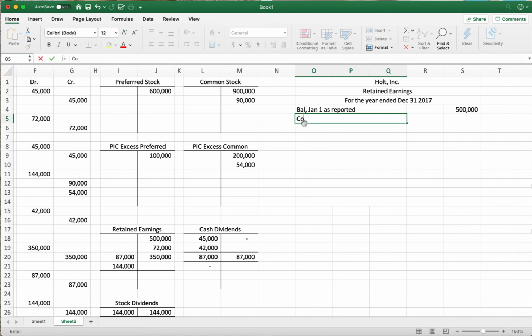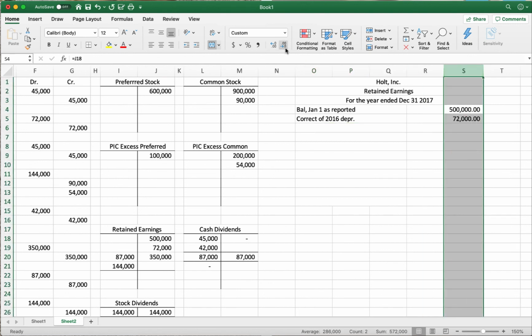I'm going to show that, hey, we had a correction of 2016 depreciation, right? Our depreciation expense was messed up. In 2016, we carried it forward. We recognized the error. Now we're going to fix it. That was 72. Bear with me here. There we go. $72,000.